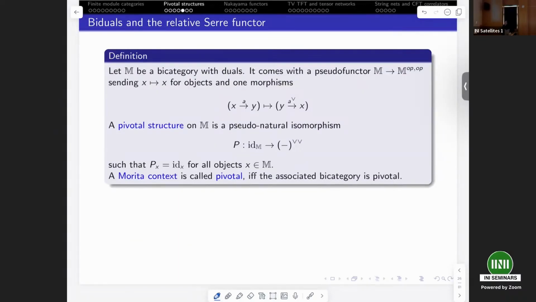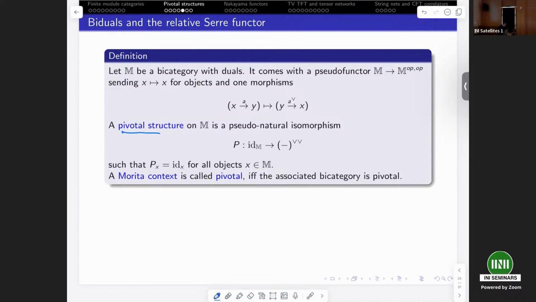So we know what duals on a bi-category are, and if we have duals, then we can act as the identity on objects. We apply on the one-morphisms the duals in the way they are defined. And then a pivotal structure on such a bi-category with duals is again a trivialization.